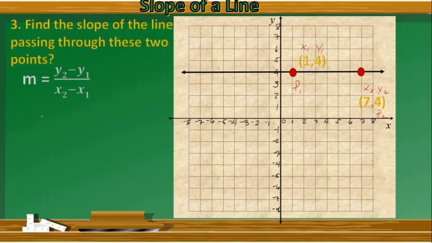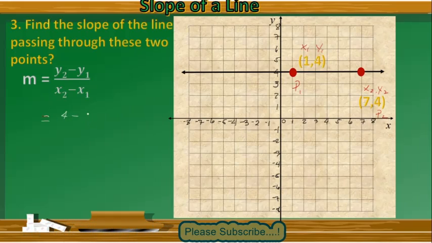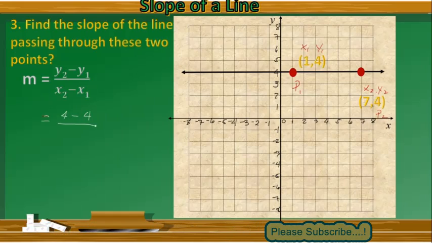So by substitution, we will have this one. Y sub 2 is 4, minus Y sub 1 is 4 also, over X sub 2 is 7, minus X sub 1, which is 1.